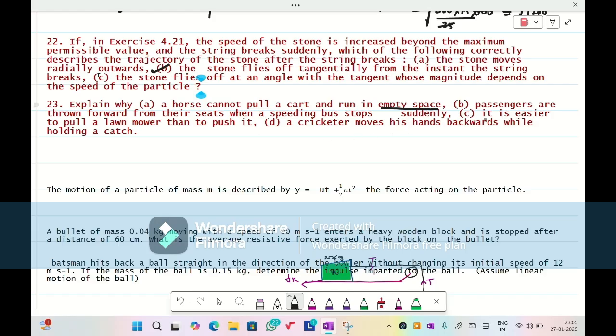It is easier to pull a lawn roller than push it. See, pulling and pushing, we'll discuss the friction in this one. Here in CBSE, friction and everything is given. This is called the pulling force, direction of pulling, and here it is pushing.